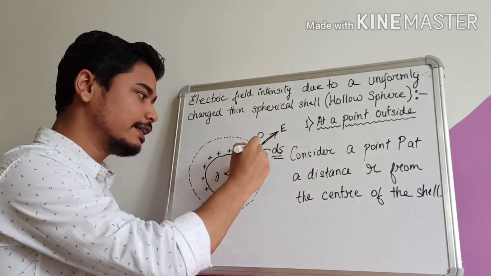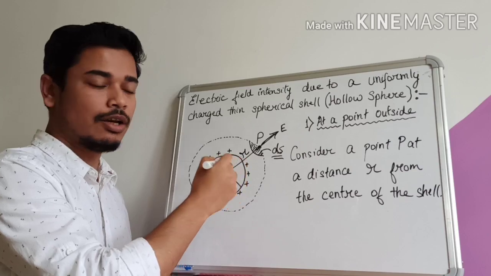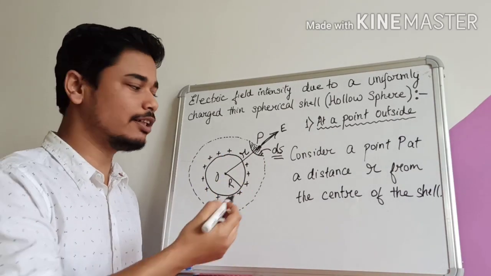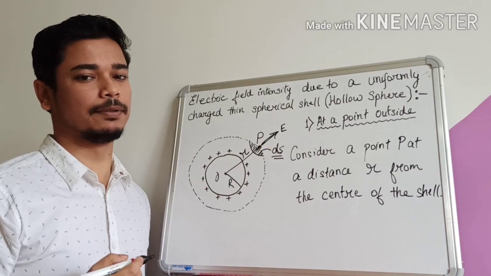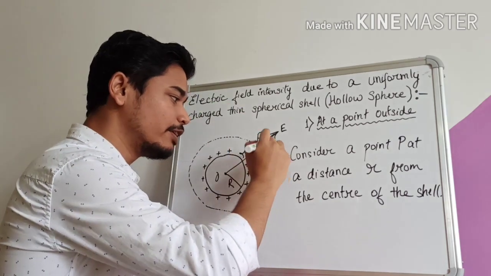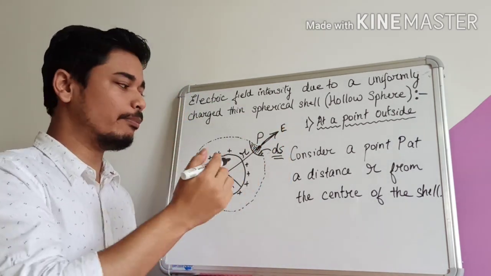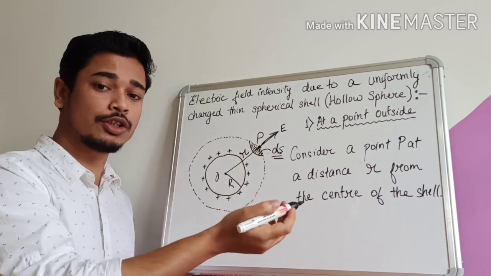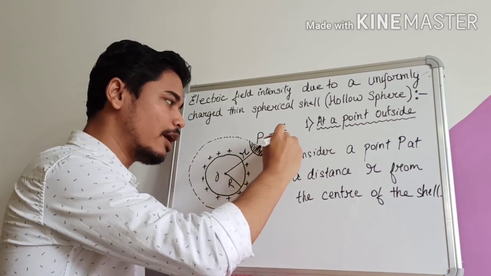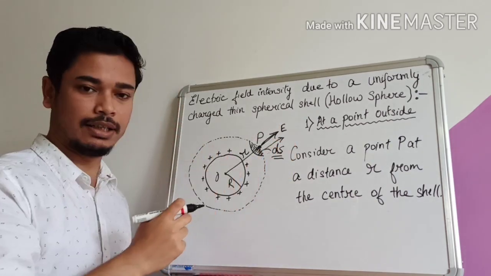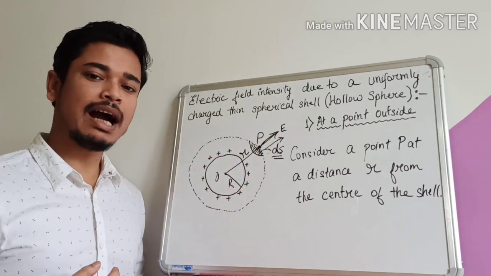Similarly, this is the small area element ds. What will be the direction of the area vector for this small area element? The direction will be perpendicular to the surface, which will also be radially outwards.